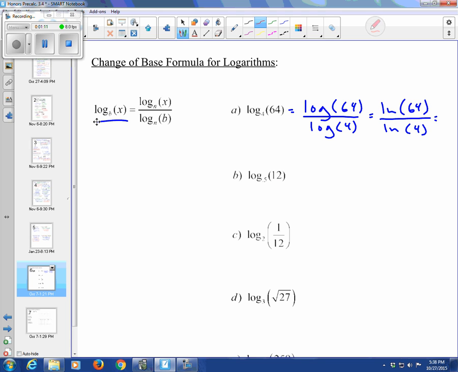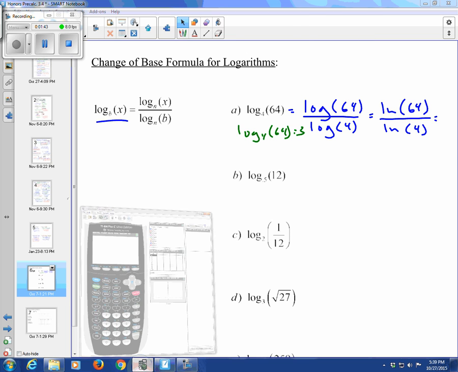Now, log base 4 of 64 is something we can evaluate on our own. What this log is asking is, what do I have to raise 4 to in order to get 64, right? And I can raise 4 to the 3rd power and get 64. So we could say, right off the bat, that log base 4 of 64 is in fact 3.